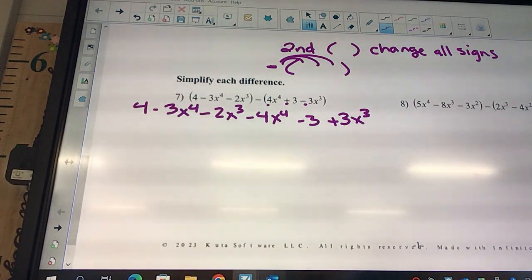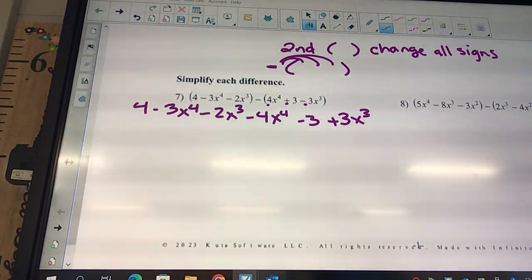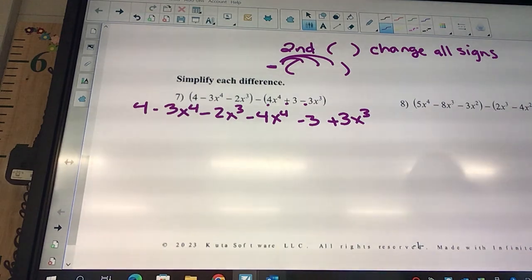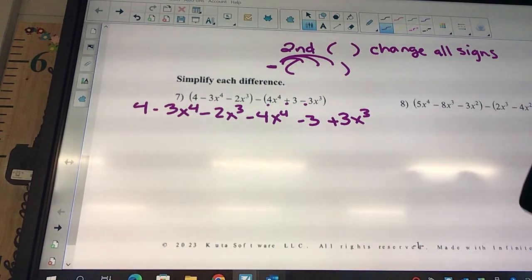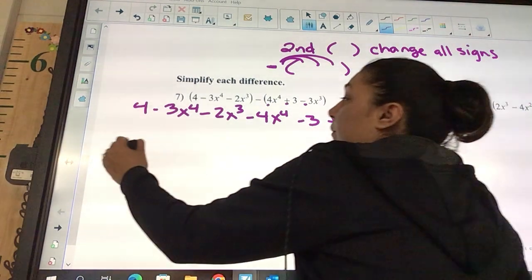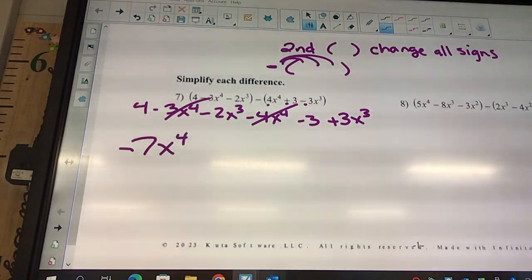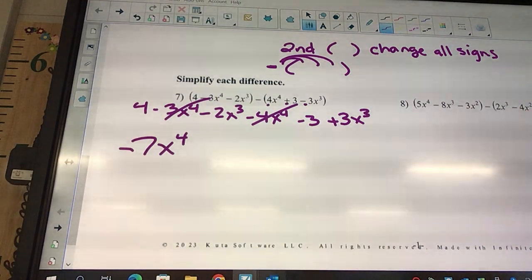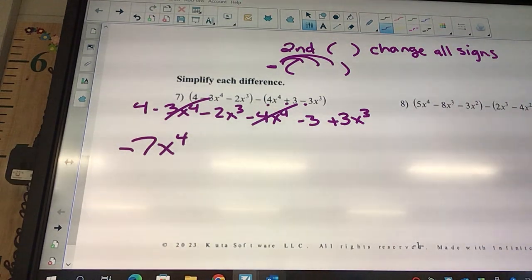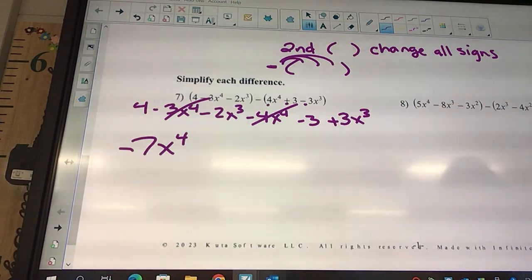Okay, and then now we can just combine it just like the last problem that we did. And which ones are we going to combine first? The x4s. So I got a negative 3 and a negative 4. What is that going to give me? Negative 7x4. Okay, and then what can I combine? 3, and then a negative 2.